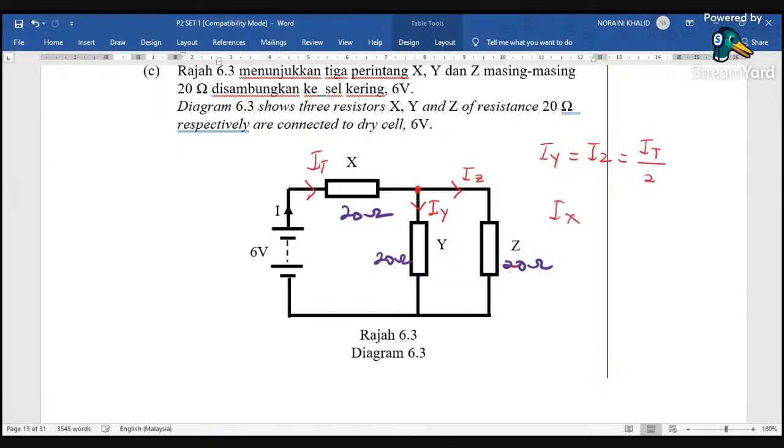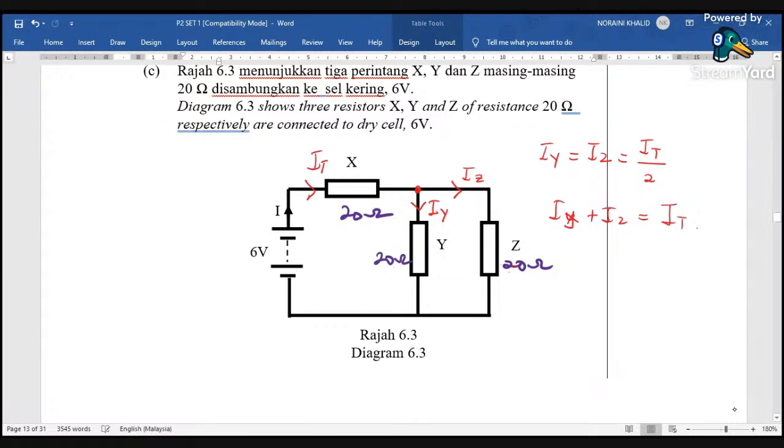So IY plus IZ equals the total current, or the current passing through X.